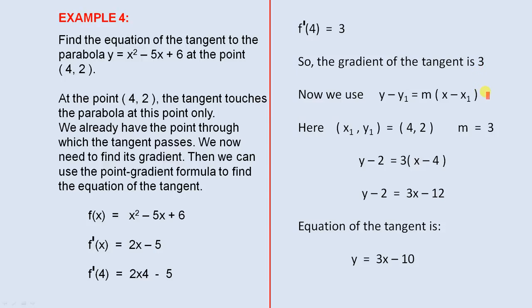Now, we use the point gradient formula. y minus y1 equals m times (x minus x1). (x1, y1) is (4, 2). m is 3. We substitute those values into the equation. We simplify to get to that line. So the equation of the tangent is y equals 3x minus 10. And you can see that the gradient there is 3.